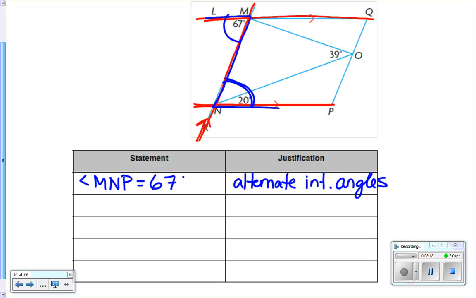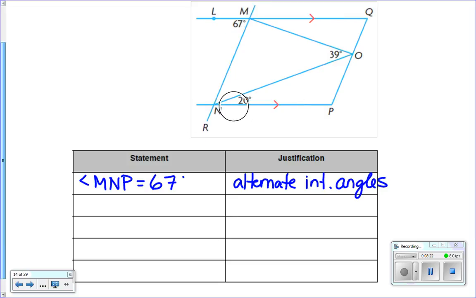Now, like we said, we can use that information to help us solve for something that we really want, because that's not actually one of the angles they're asking us to solve for. If I know this whole thing here is 67, and I know this little guy is 20, well, it's pretty easy to find that missing angle. All we need to do is say, okay, well, angle MNO must be equal to 67 minus 20.